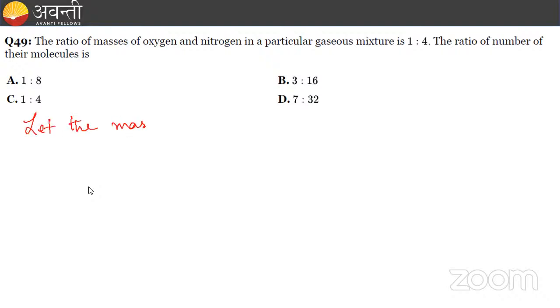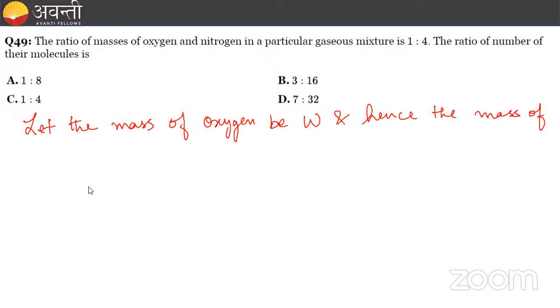Let the mass of oxygen be W, and hence the mass of nitrogen will be 4W.